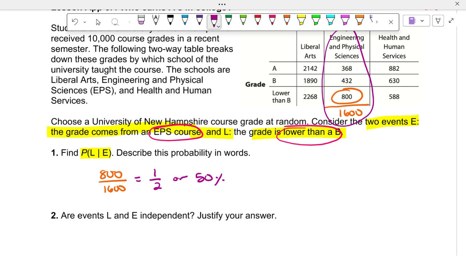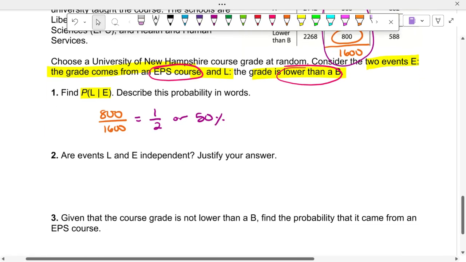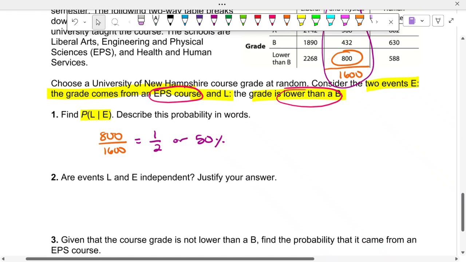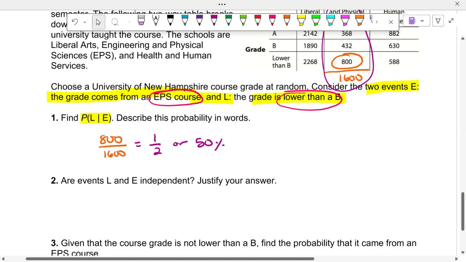Now, it then asks, are events L and E independent of each other? All right, so what it's asking is, remember, that means that they're independent of each other. We already know the probability of L, given that there is an EPS class.